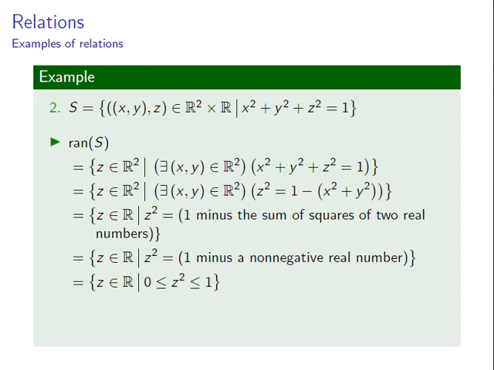This is equal to the set of all real numbers z such that z squared is less than or equal to 1, which is equal to the set of all real numbers z such that z is greater than or equal to minus 1 and less than or equal to 1. Therefore, the range of S is equal to the closed interval from minus 1 to 1. Note that this is a subset of R.